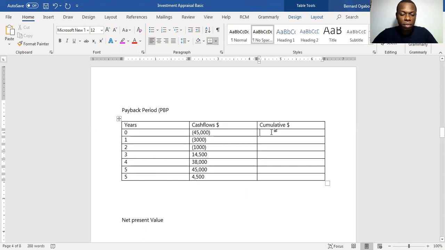Cumulative cash flow, I have 45,000 negative. Outflow, since I have a loss again in this place, I'm going to have 48,000 negative. Since I have a loss again of 1,000, I'm going to have 49,000.